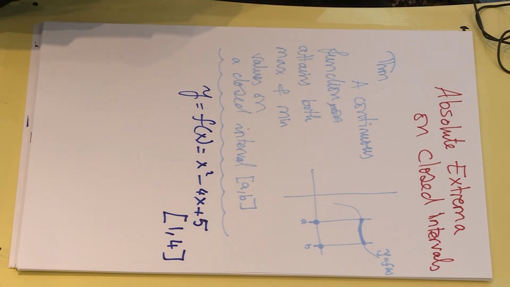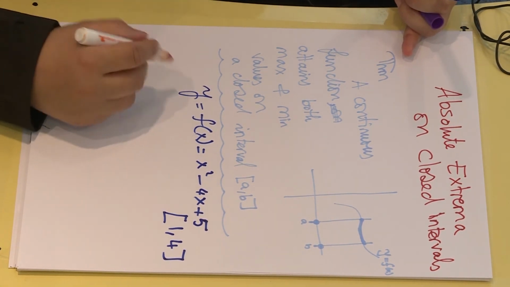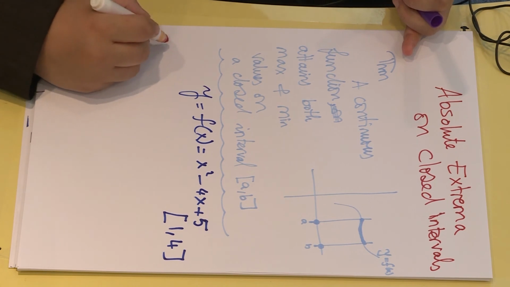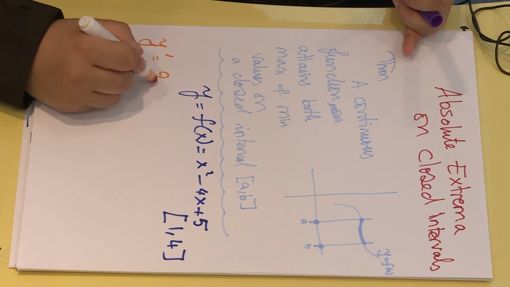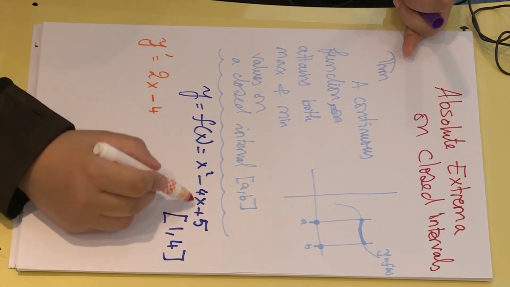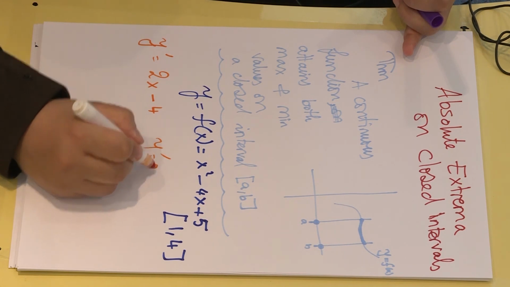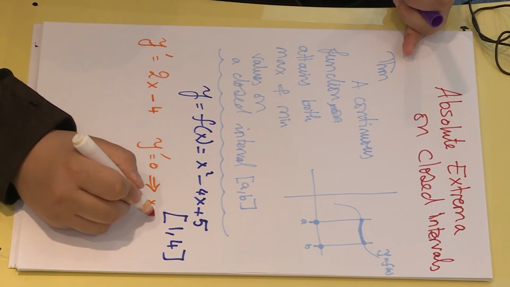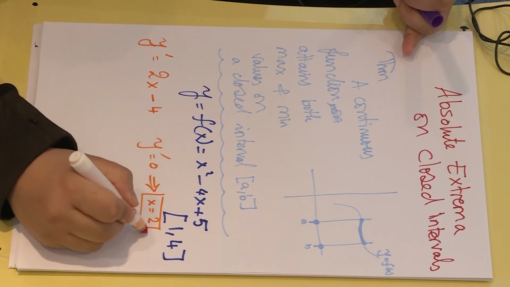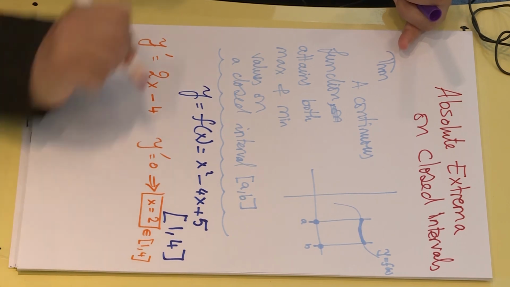So the first step to solve this problem is we find the first derivative, and then we find the critical values for this continuous function. So y prime equals 2x minus 4. Derivative of x squared is 2x. Derivative of minus 4x is minus 4. Now, taking y prime equal to 0, this implies that x is equal to 2. Of course, x is equal to 2 is in the interval given to us. We can see it is in the interval from 1 to 4.